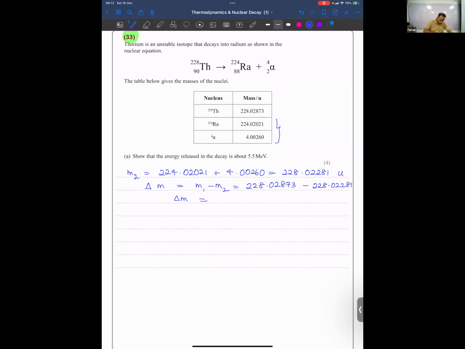That is 5.92 into 10 to the power minus 3 U.